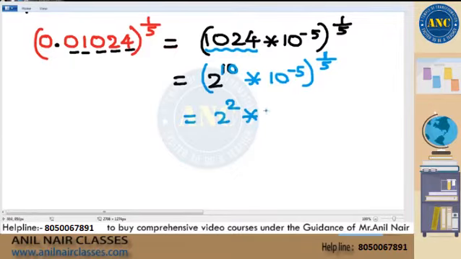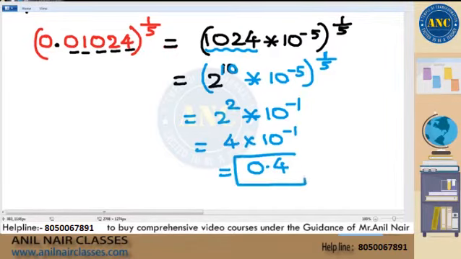It is minus 1. So it is 10 power minus 1. So answer is 4 into 10 power minus 1, 4 by 10, which is 0.4. Answer for this question is 4 by 10, which is 0.4. Slowly we will understand what are the next varieties of questions which might occur in our examinations.